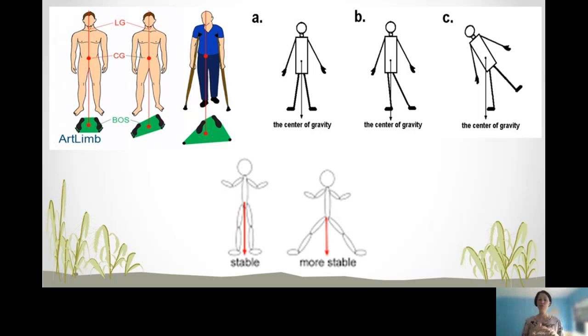Number 2, practically demonstrate to them how to walk. 2.5, make sure it fits them correctly. Adjust the mobility aid to the correct height for the individual patient. It's not a one-size-fits-all. You have to adjust it.